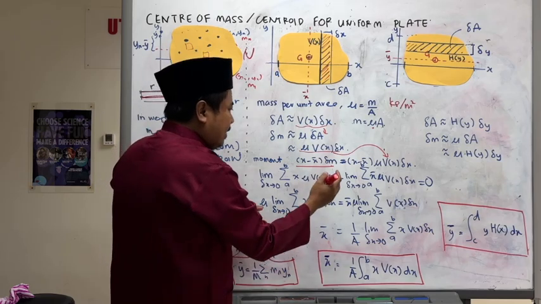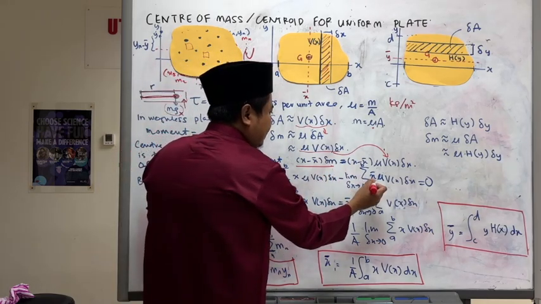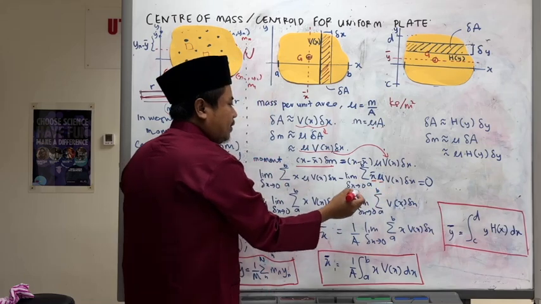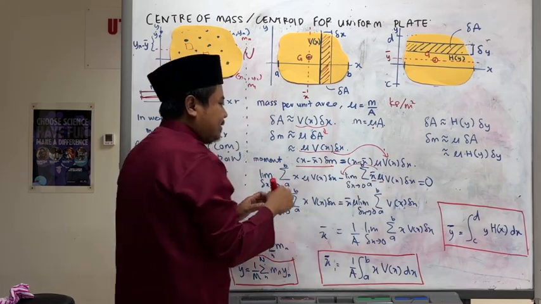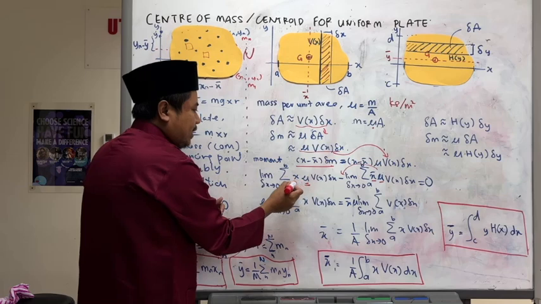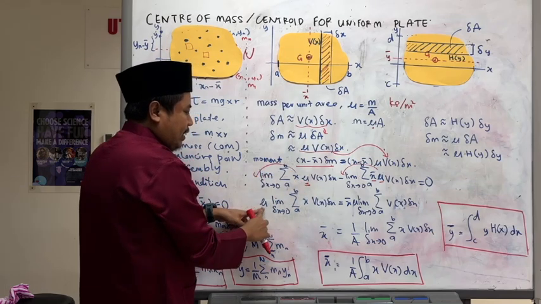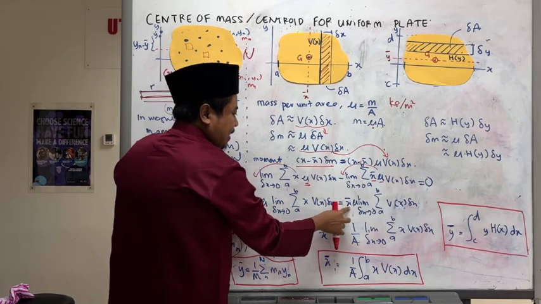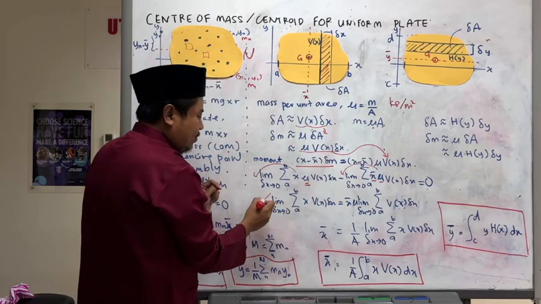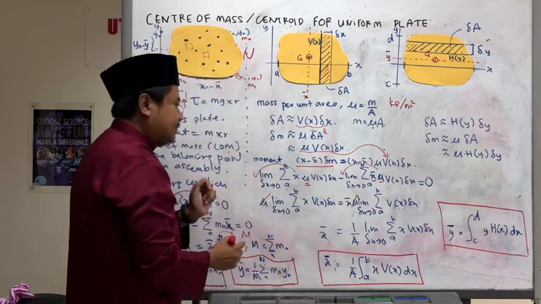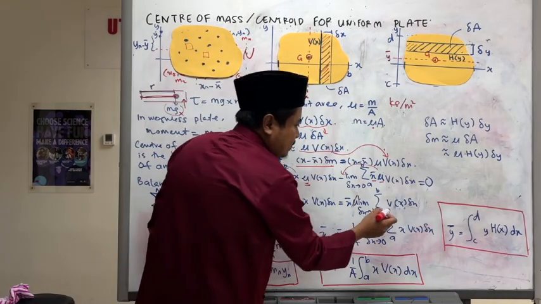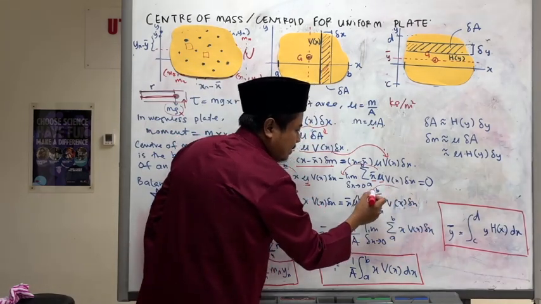Also x bar and mu can be put outside because they are constant. Then we cancel mu on left and right. And then you look into this relation.